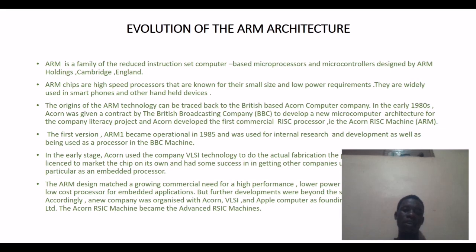The first version, ARM1, began operation in 1985 and was used for internal research and development, as well as being used as a processor in the BBC machine.